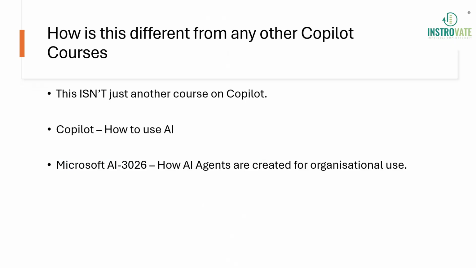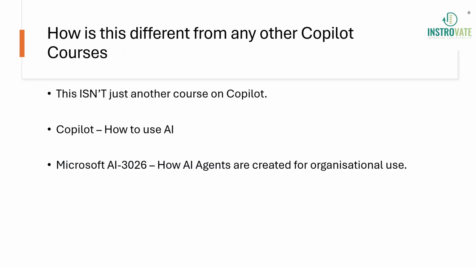Now, a very common question that I get is, isn't this just another Copilot course? Well, the answer is no. Copilot focuses on how to use AI inside Microsoft products. They teach you how to be more productive as a user in Word, Excel, Outlook, Power Platform, or Dynamics.